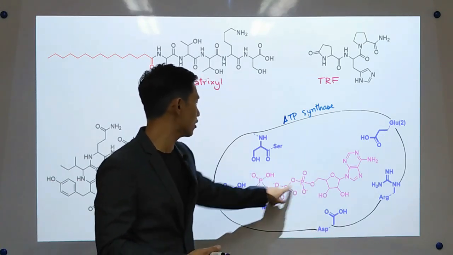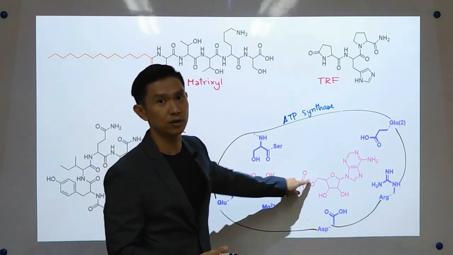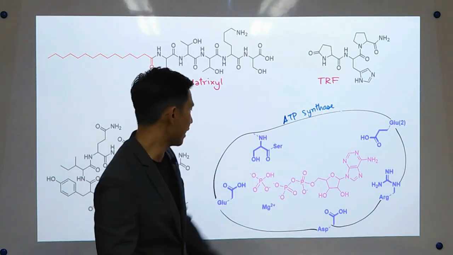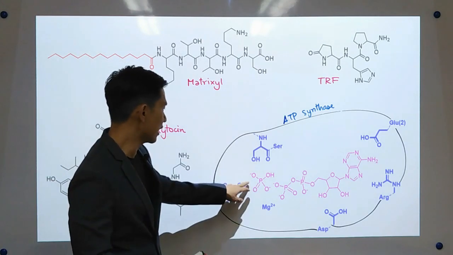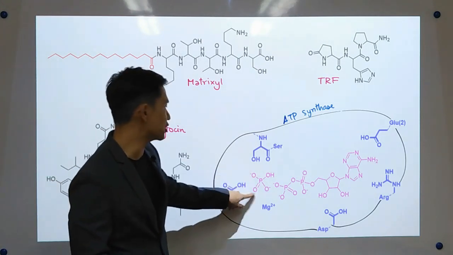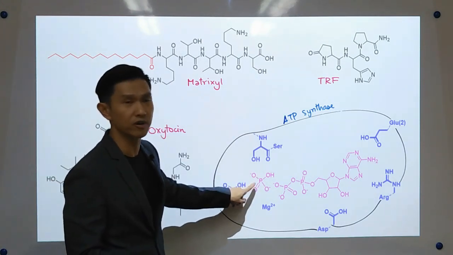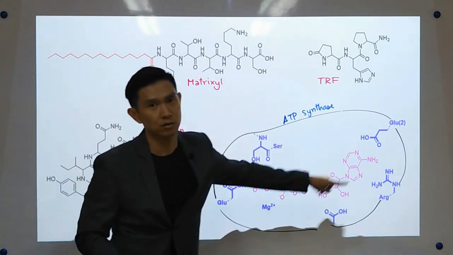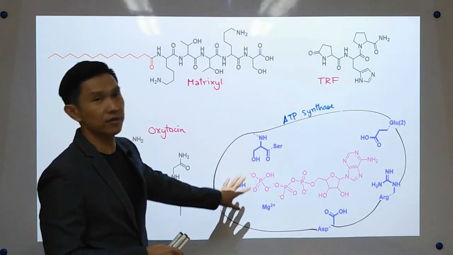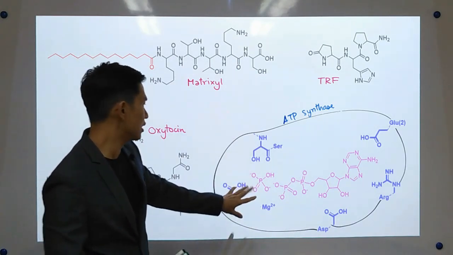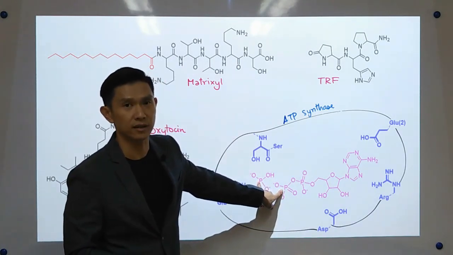But now you have two phosphate groups, which is called adenosine diphosphate. And this enzyme tries to connect or condense the extra, third phosphate group onto this whole molecule. So the duty of the enzyme is to connect these two together.